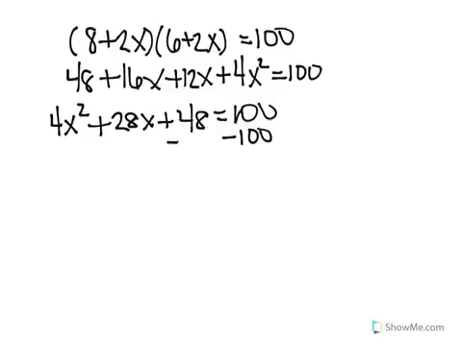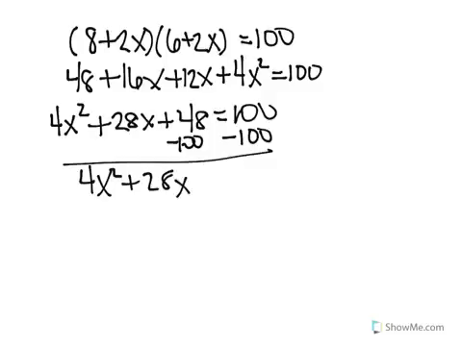I want to subtract 100 because remember, when you have your x squared, you want to set it all equal to 0. So then I'm left with negative 52, all equals 0, and I can use the quadratic formula now, where my a is 4, my b is 28, and my c is negative 52.